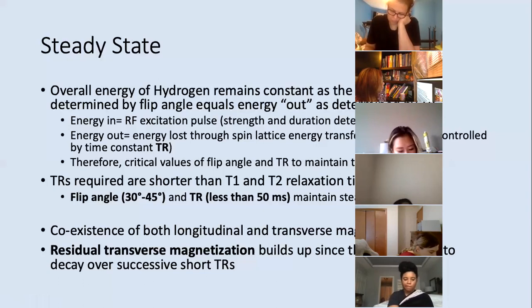When the next TR period happens, that magnetization will not have time to fully decay. It's just going to be sitting in that transverse plane, and we'll either want to sample it or get rid of it, depending on the image weighting that we desire. What we do with this residual transverse magnetization will help determine the image weighting. This builds up since there is no time for decay over successive short TRs.